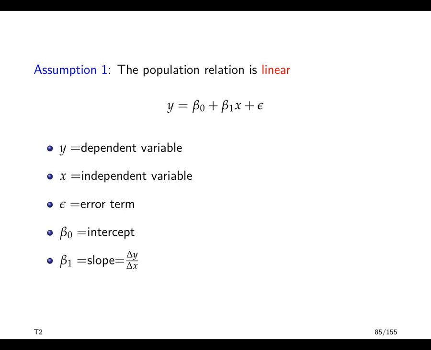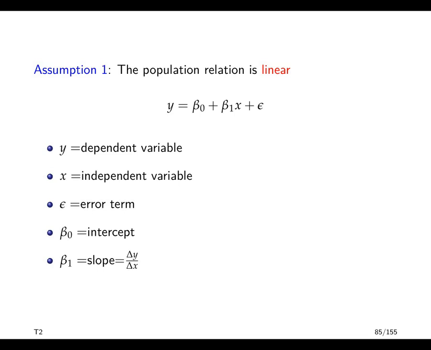The second assumption that we are going to describe, the assumption number 1, is that the population relation is linear. Actually, we have an assumption that we have already seen. We wrote the population relation being linear, okay, as having a constant slope in the relation between x and y given by beta 1. Remember that we just said that y is a dependent variable, x is the independent variable, epsilon is the error term, okay, and the parameters linking x and y are beta naught an intercept, and beta 1 a slope that is constant.